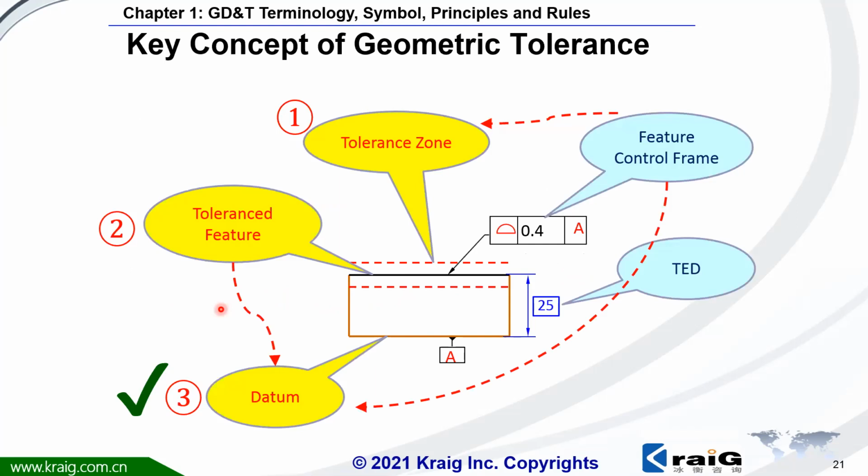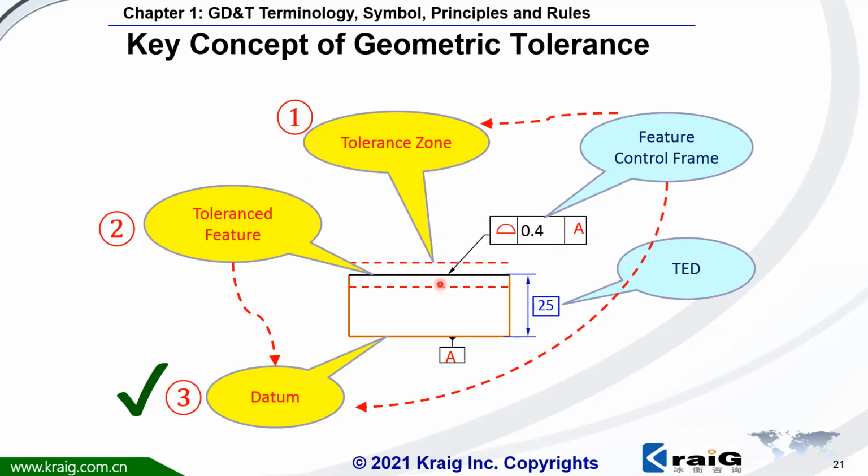When we look at this, datum is one of the key concepts for us to understand geometric tolerance. Here is the typical composition of a geometric tolerance. This rectangle frame, we call the feature control frame. That means we're going to use this rectangle frame to control the feature, or to control the geometric tolerance of the feature. This red line, we call the tolerance zone.